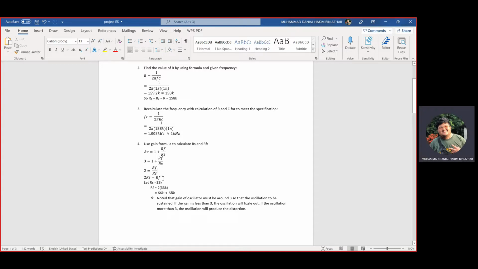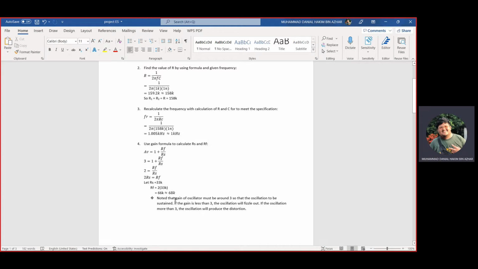To find the value of RF, RS 30k must be multiplied by 2 because RF is 2 times the value of RS. So 30k multiplied by 2, I get 66k, but I use 98k.